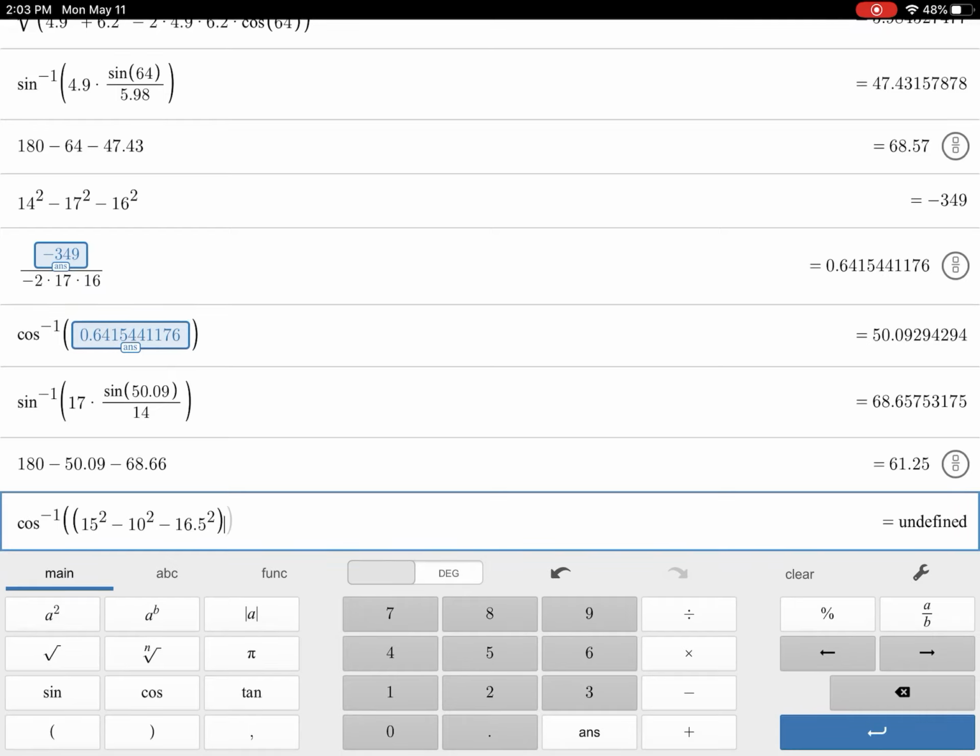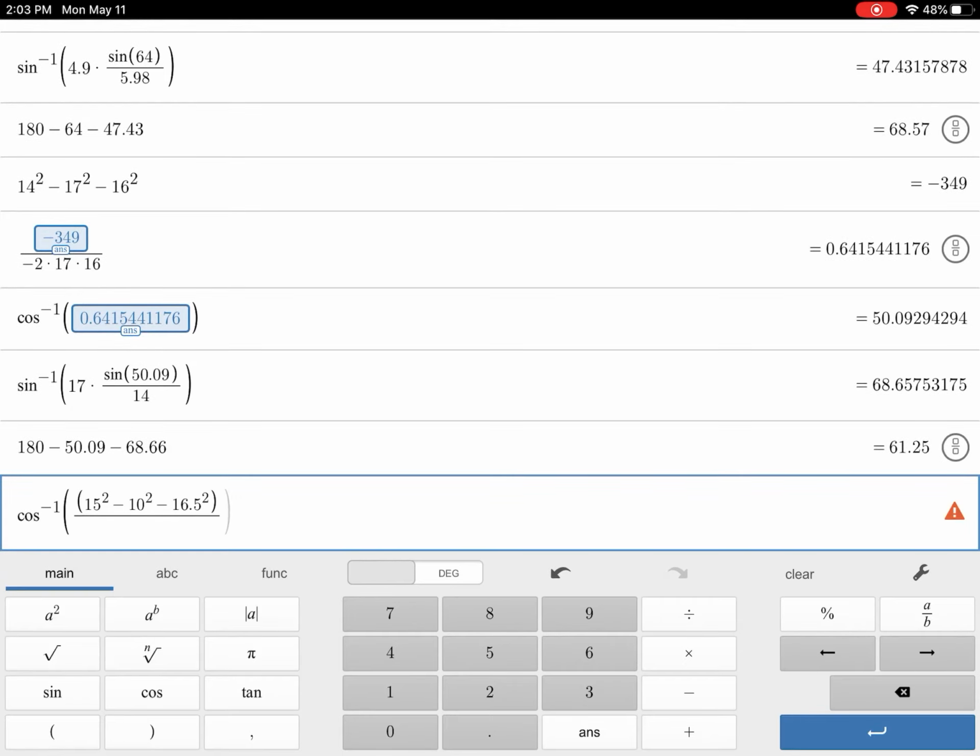You notice I got my whole numerator in brackets, and I'm going to divide that by my whole denominator, which is going to be minus 2 times 10 times 16.5. And then I can end bracket this whole thing. And I took the cosine inverse of that whole thing.